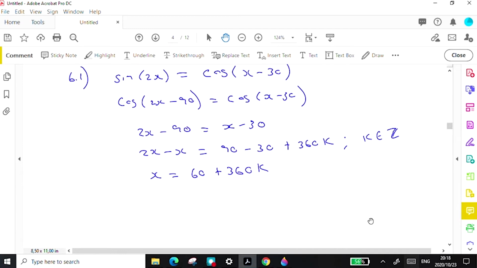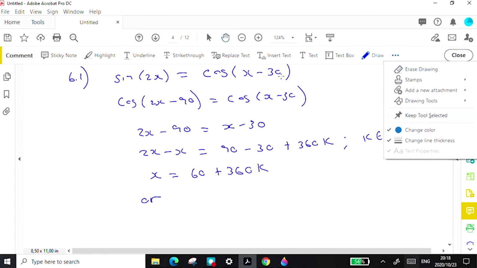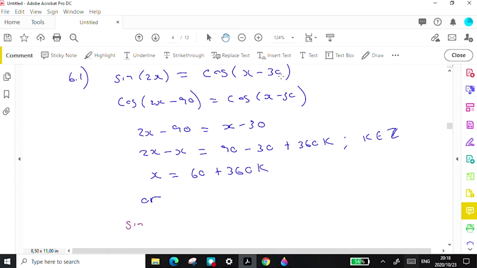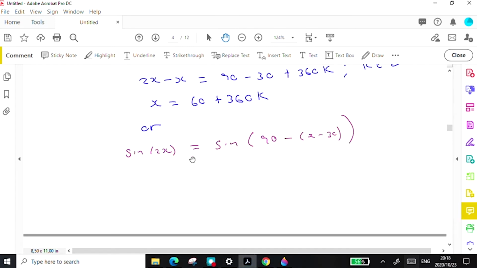We can also change the right hand side to sine. So we have sine of 2x is equal to sine of 90 minus x minus 30. We change cos on the right hand side to sine.